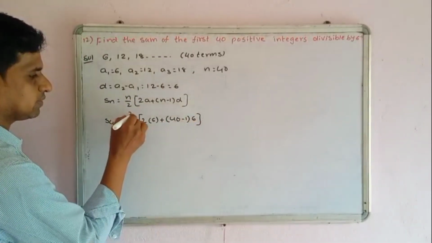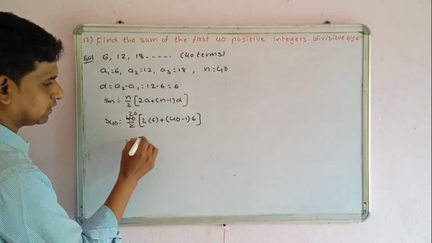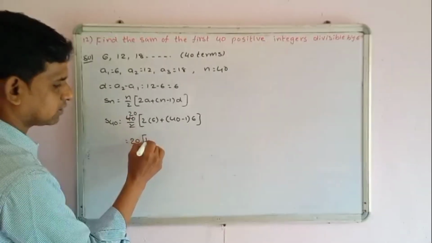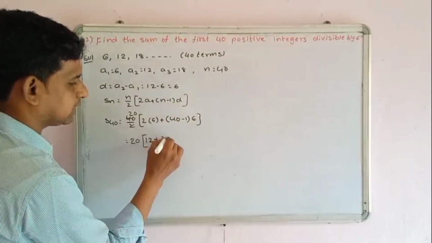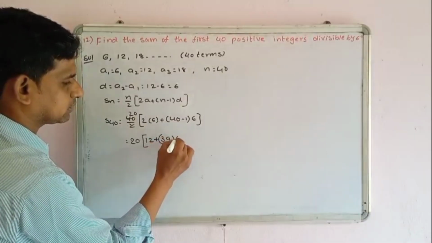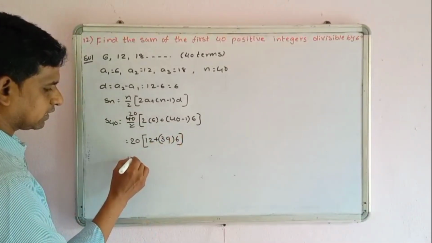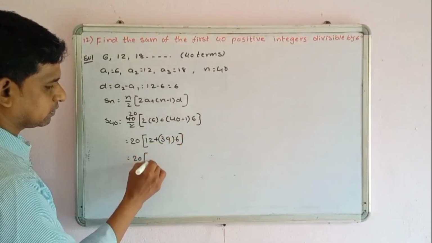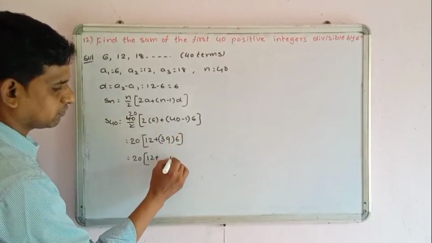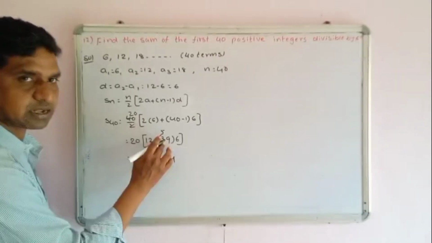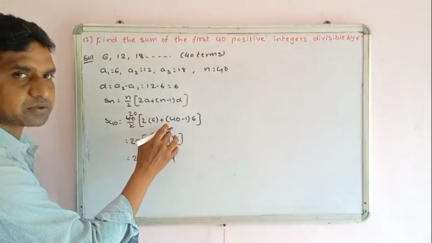So 20 into (2 times 6 is 12, plus 40 minus 1 is 39 into 6). That equals 20 into (12 plus 39 times 6). 6 9s are 54, 6 3s are 18, 18 plus 5 is 23, so 12 plus 234 is 246.